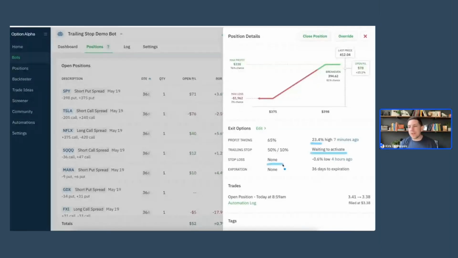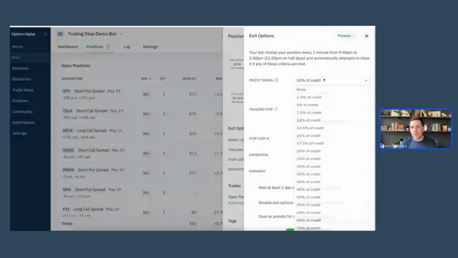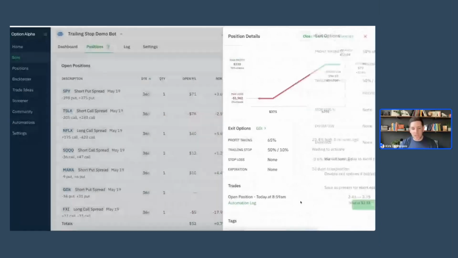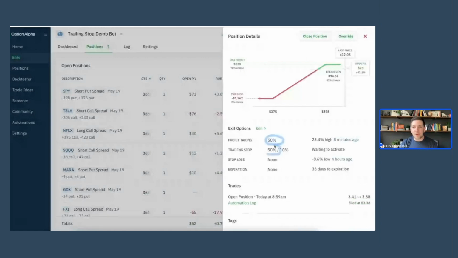Now let's go through a couple of scenarios. I'm going to deliberately try to trip you up a little bit and challenge your assumptions. What would happen if I changed the profit taking to 50% and my trailing stop was set to activate at 50 with a trail of 10%? The position goes up to a 50% profit, and what's it going to do? It's going to close it out, because any of these exit options being met would trigger a closing order.